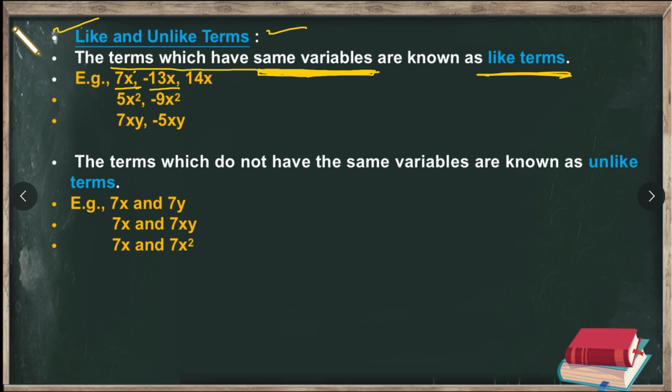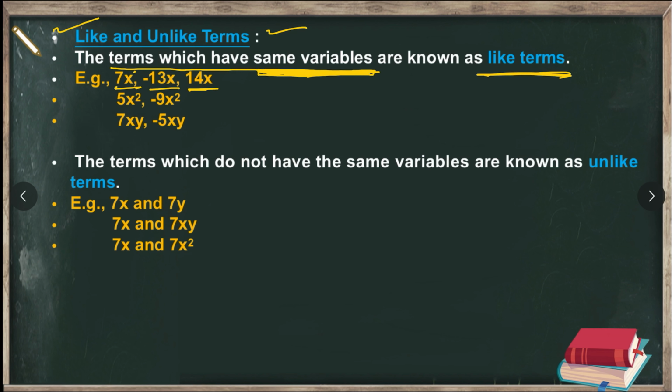Similarly, we have minus 13x, again the variable is x, and 14x, where again the variable is x. The coefficients are 7, minus 13 and 14, but irrespective of the coefficient, we only look at the variable. If the variable is the same, all those terms are called like terms.